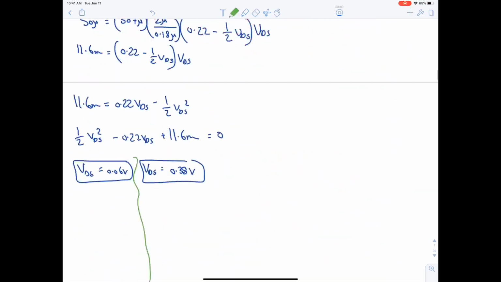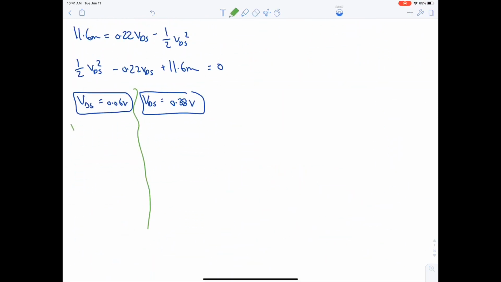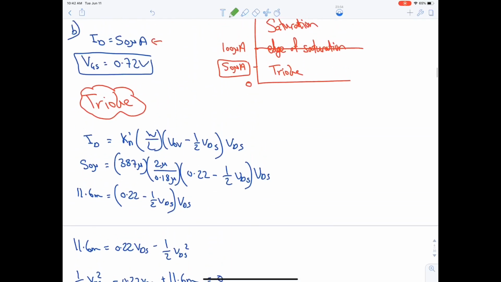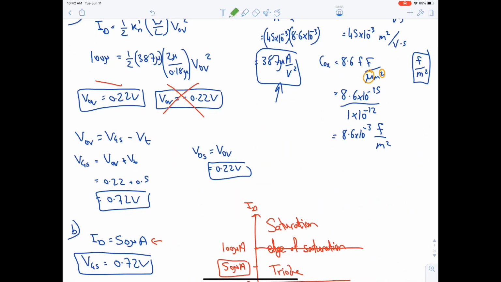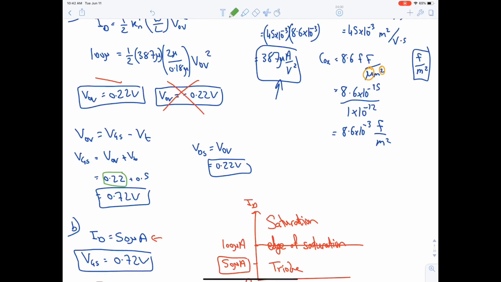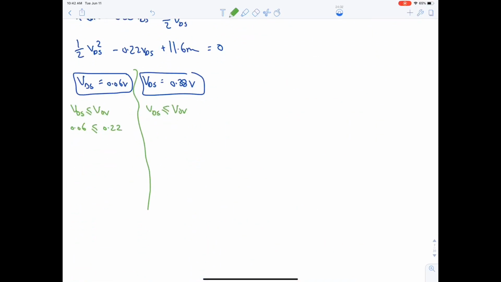Let's check. So is VDS less than or equal to VOV? VDS is 0.06 and it's less than or equal to 0.22. Is that correct? Because VOV is 0.22, right? So is this correct? Yes, it is.